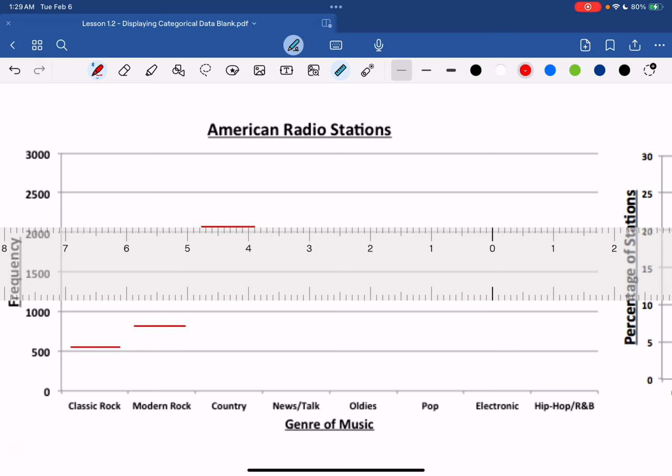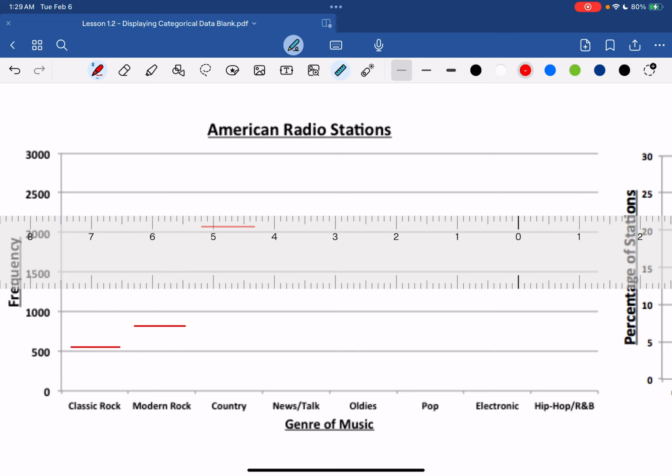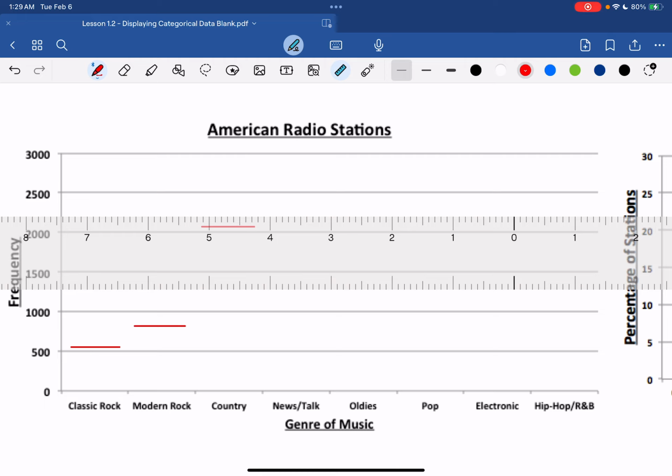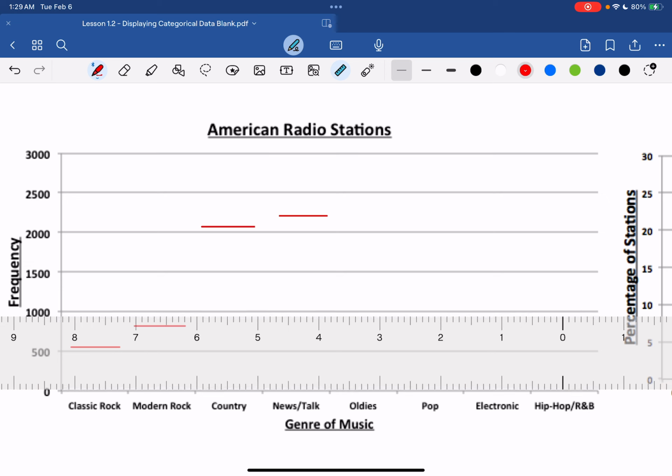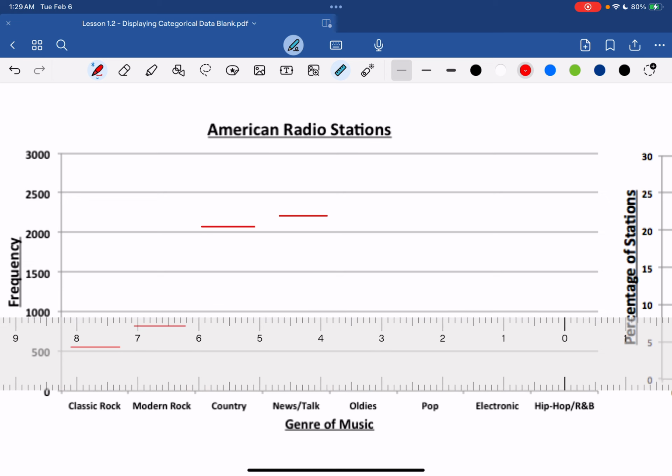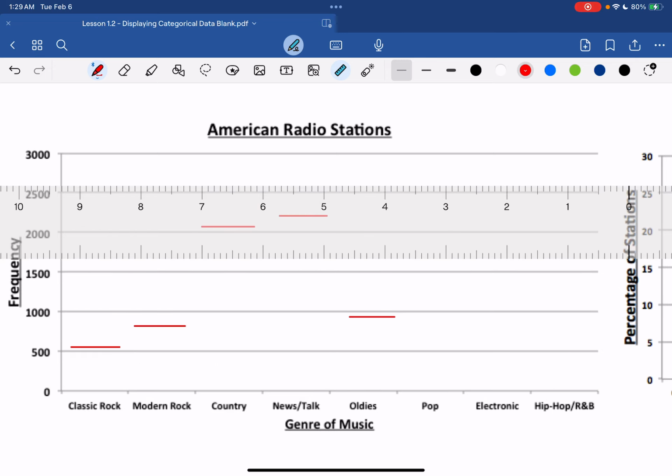For news talk, we have 2179. Then we have 900 for the oldies. For pop, we have 2,500, which is our highest category.